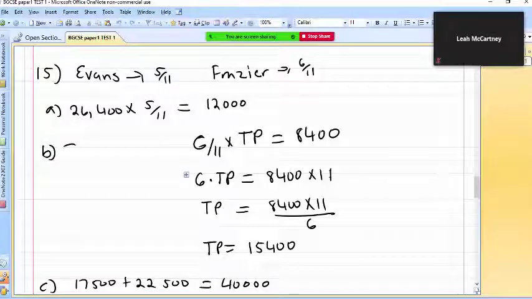So 8,400 times 11, 6 times total profits equals to 8,400 times 11. The last step is to find total profits, which means I have to just divide by 6. So I divide both sides by 6. So I have total profits is equals to 8,400 times 11 divided by 6. And total profits equals 15,400. And that's how you would solve that problem.